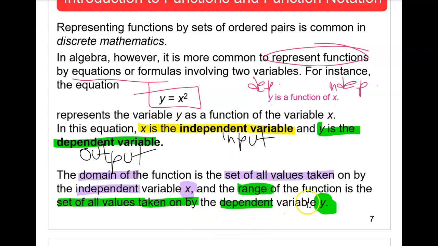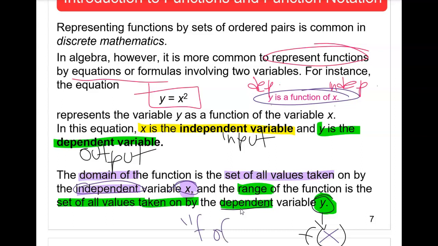At some point, we're going to change that y, the dependent variable, for function notation, and it will be f of whatever the independent variable is, which in this case is x. That's another reason we refer to this as y as a function of x, or it could be f of x, and that is exactly how we read it. It's not multiplication, it's f of x. So the function depends on x.